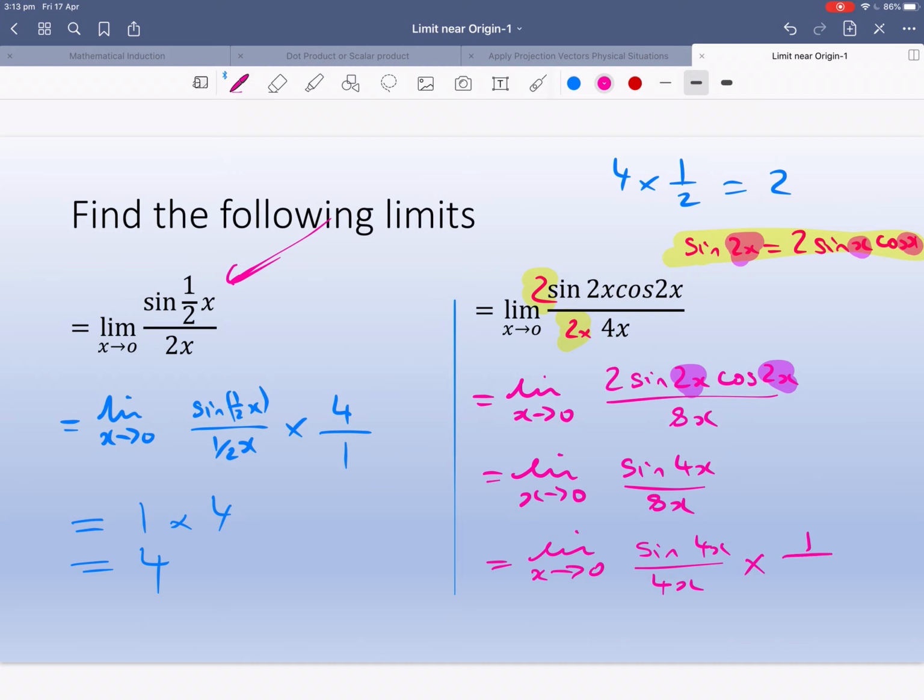In this case, I'm going to multiply it by a half, because 4x times 2 equals 8x, so I need to multiply it by the bottom thing over here. And now what I've done is I've matched the angle to the denominator, or it could be vice versa because you're going to get the other version as well.